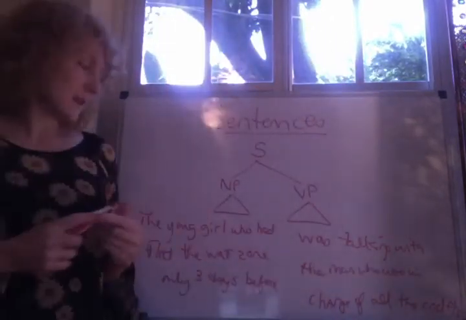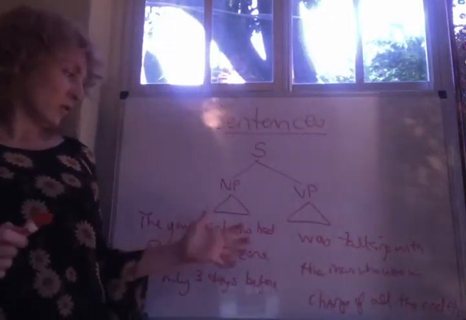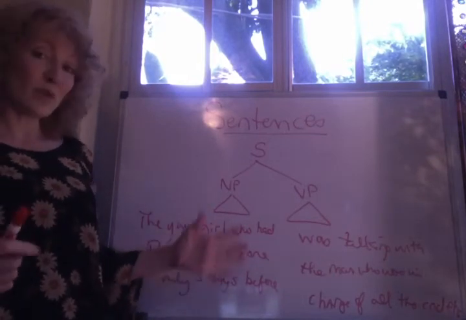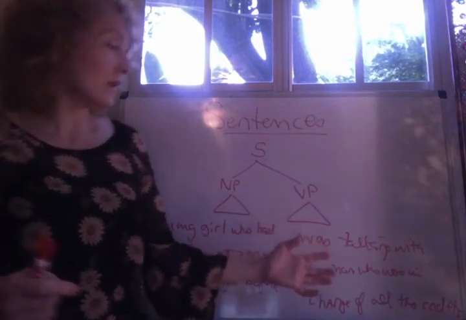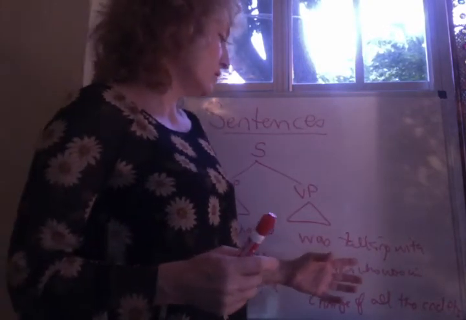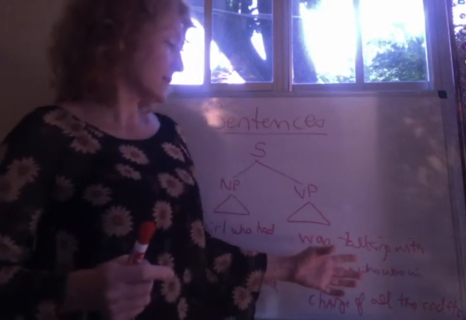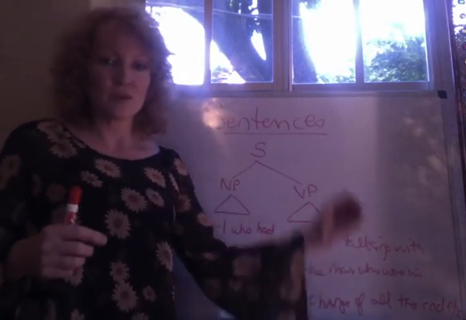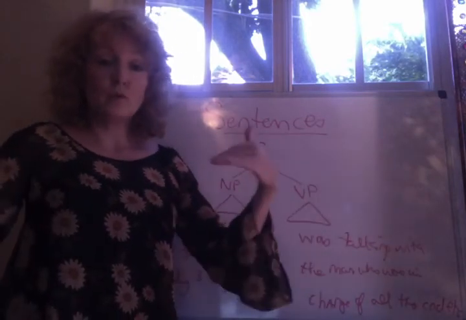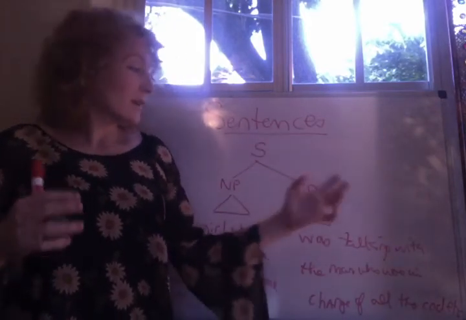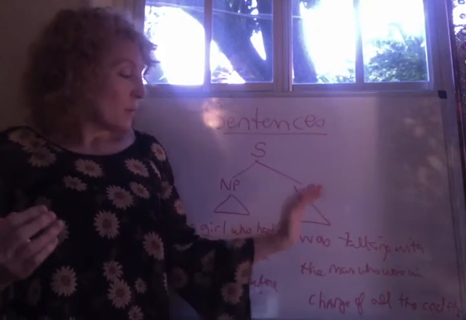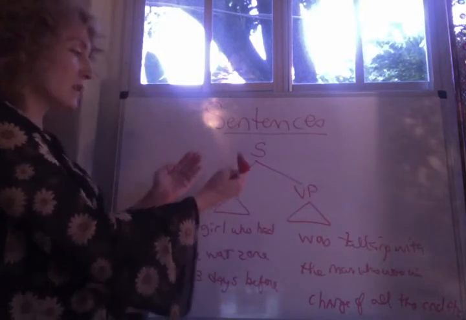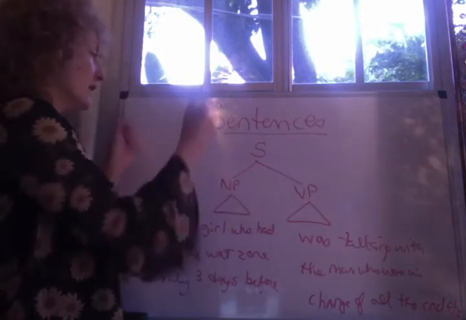So if you take this sentence, we know our whole subject is just going to be the young girl who had fled the war zone only 3 days before. But the same thing is going on within the predicate, was talking with the man who was in charge of all the cadets. Here, we see that we have more subjects, more predicates, verb groups, verb phrases, complements of the verb. But we want to ignore that level of complexity for now and just think about things in terms of this layer of structure.